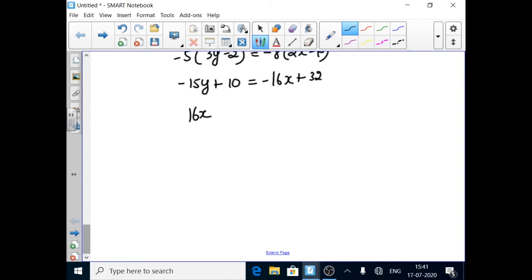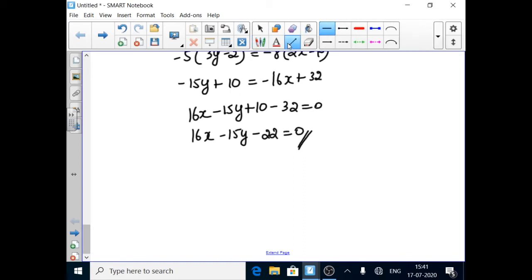So 16x minus 15y plus 10 minus 32 equal to 0. So that is 16x minus 15y minus 22 equal to 0. Because the first term should not have a negative value. Okay, so that's what we are taking like this.